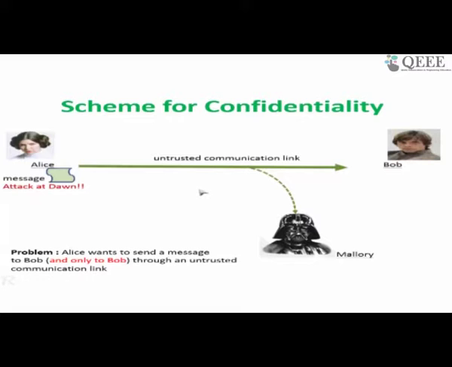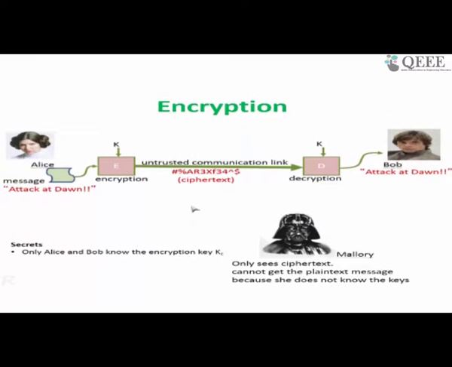So Mallory should not be able to decode or find out what message has been sent between Alice and Bob. In order to achieve this, what is widely used these days is an encryption algorithm. So what is typically done is that we have an encryption algorithm over here. This is this box in this particular case, and it takes two inputs.